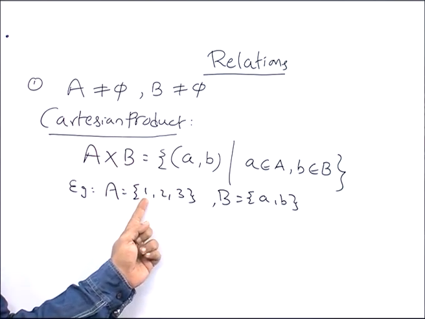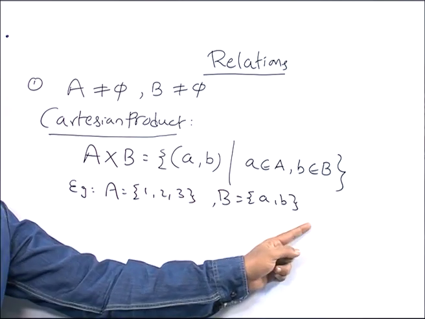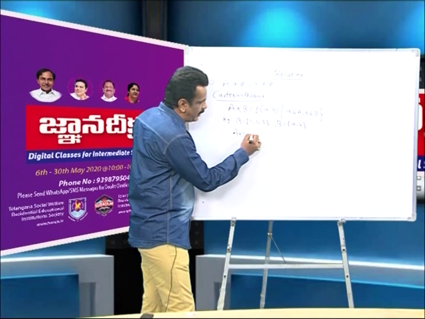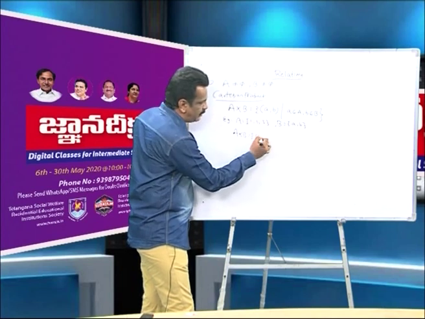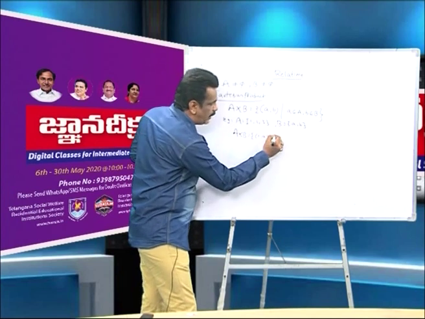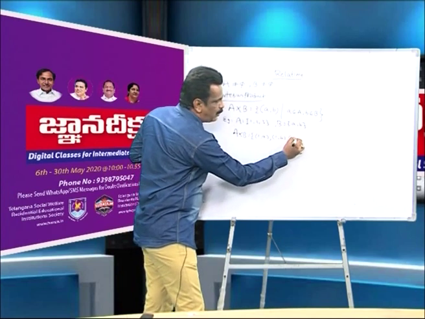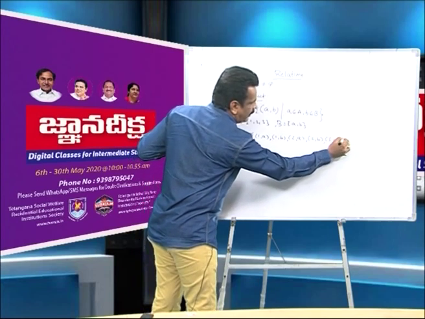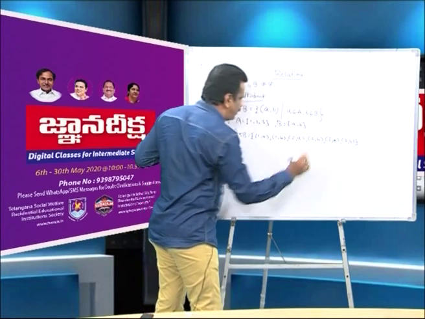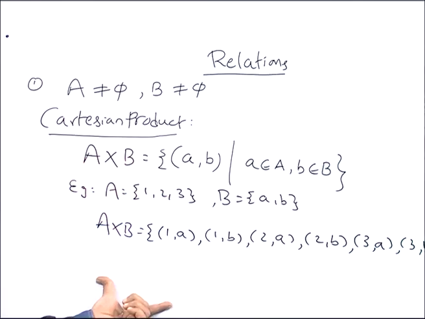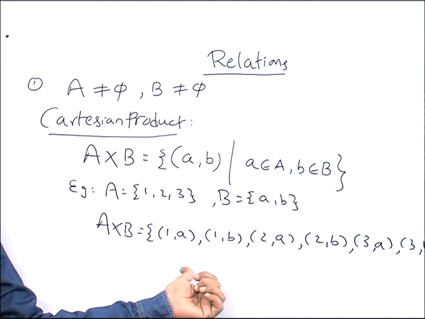Taking the first element of A, we can pair it with a and b, both in B, and hence we can write A cross B equals (1, a), one ordered pair. Next 1 is connected to b also, another ordered pair. Next (2, a), (2, b), (3, a), (3, b). So like that, if you take A and B, you can find A cross B. A cross B will contain ordered pairs of elements.